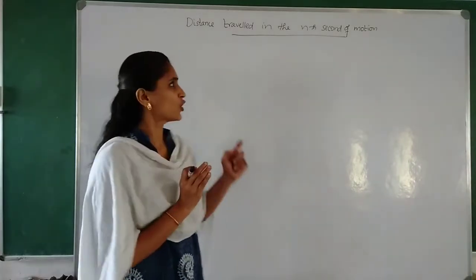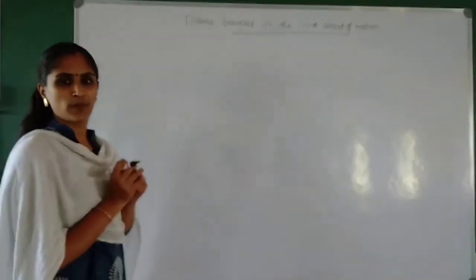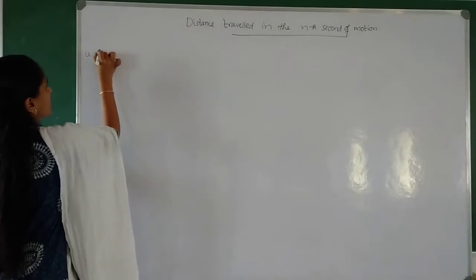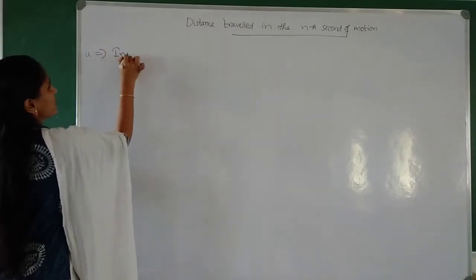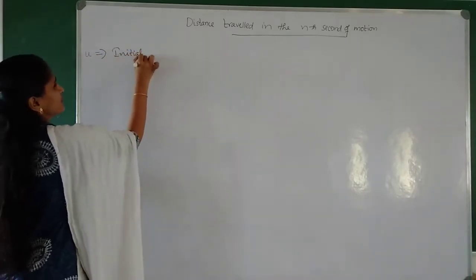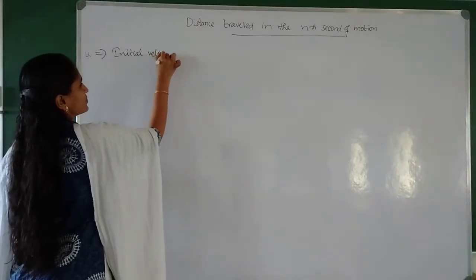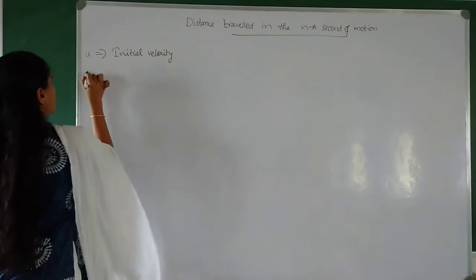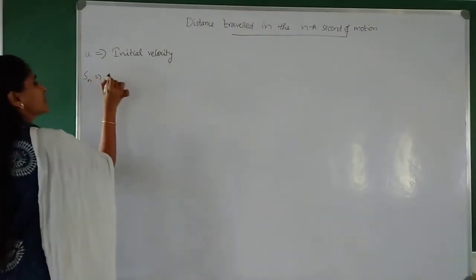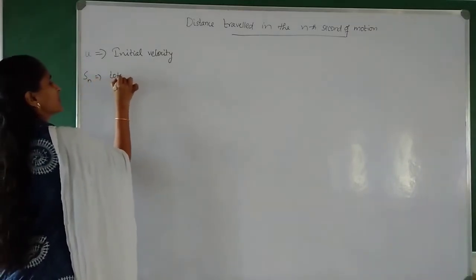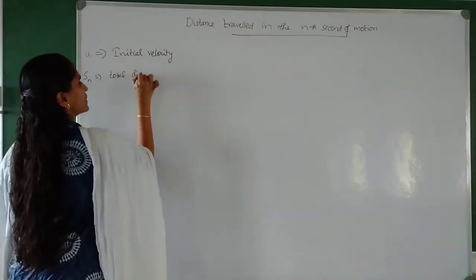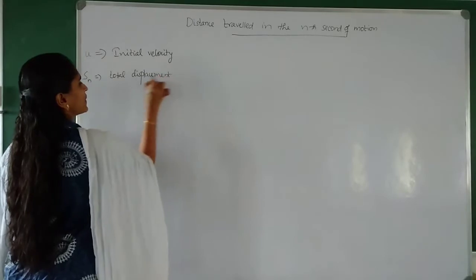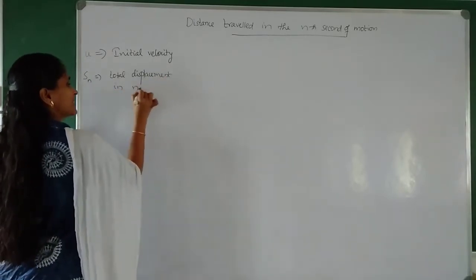So we are considering an object moving with an initial velocity u, and Sn is the total displacement in n seconds.